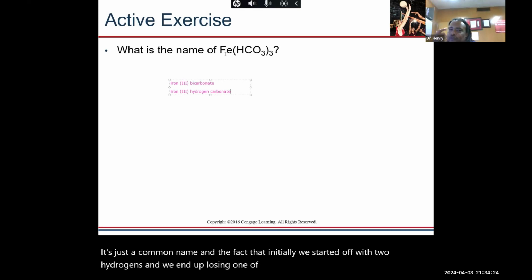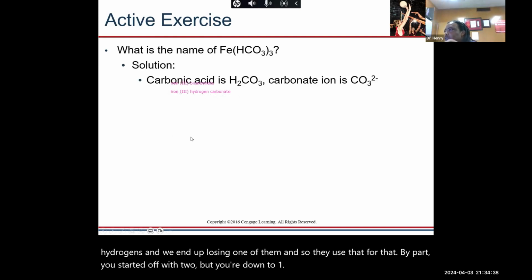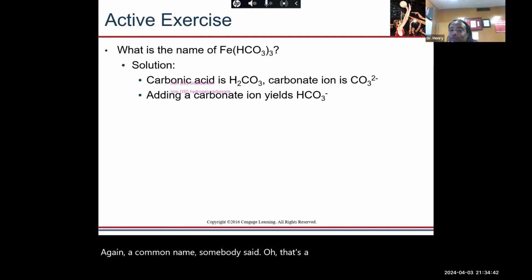And so they use that for that bi part. Started off with two, but you're down to one. Again, a common name, somebody said, oh, that's a great idea, that's what we're going to do.